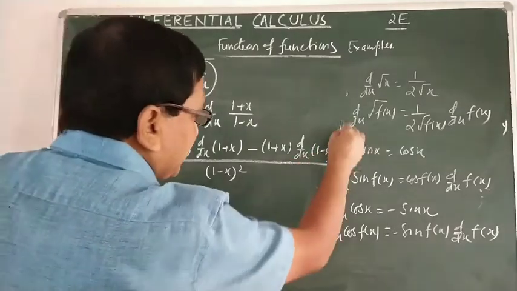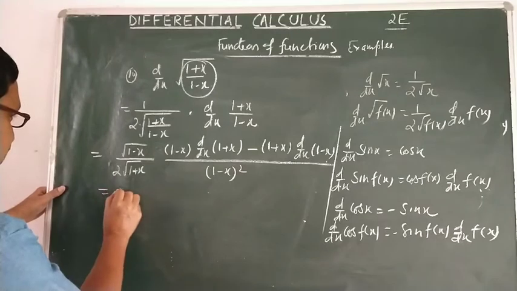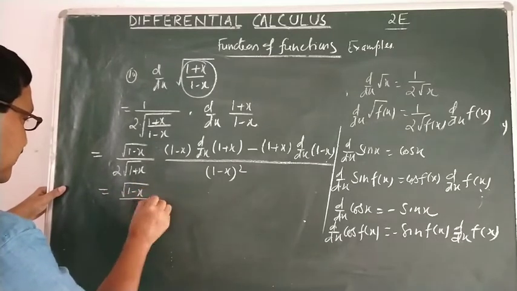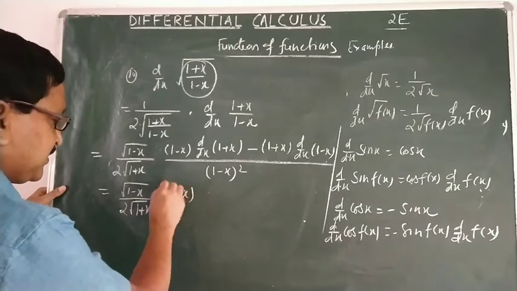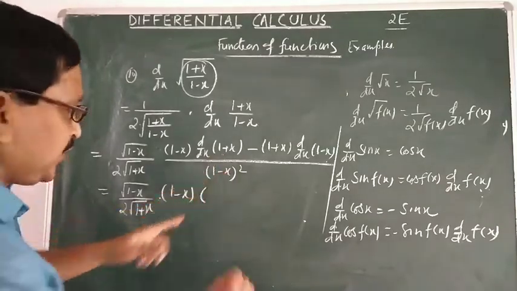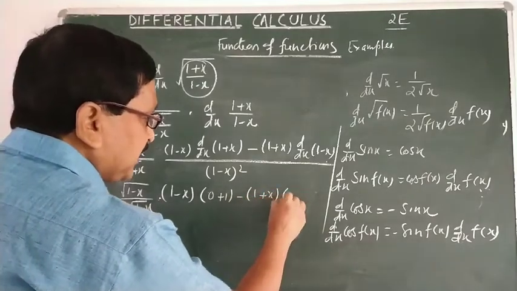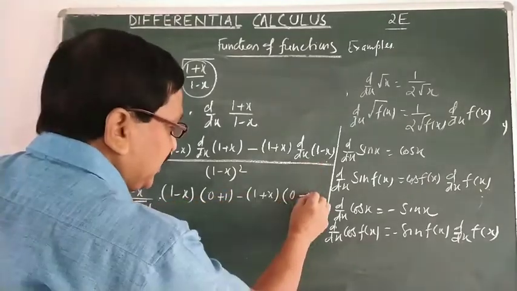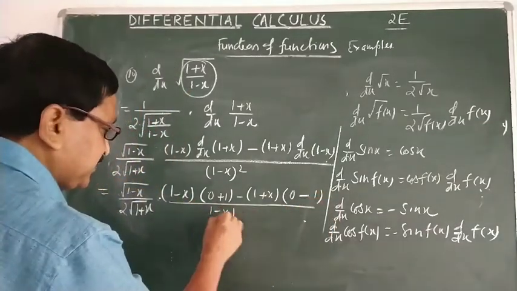Now differentiation of 1 is 0 and of x is 1, so this is (1 minus x) minus (1 plus x) times differentiation of 1 minus x.